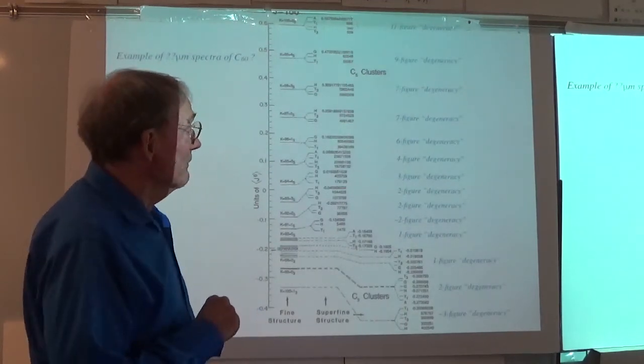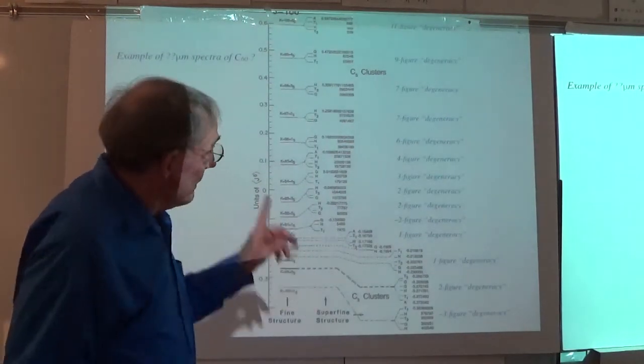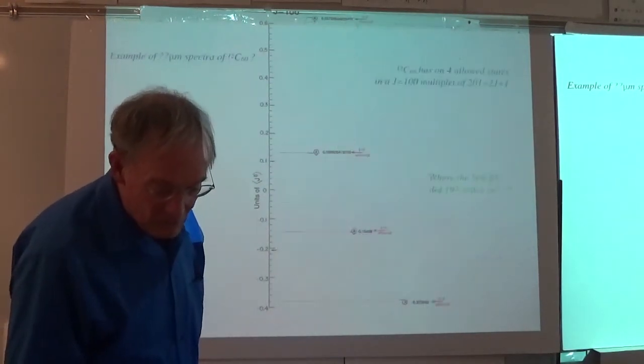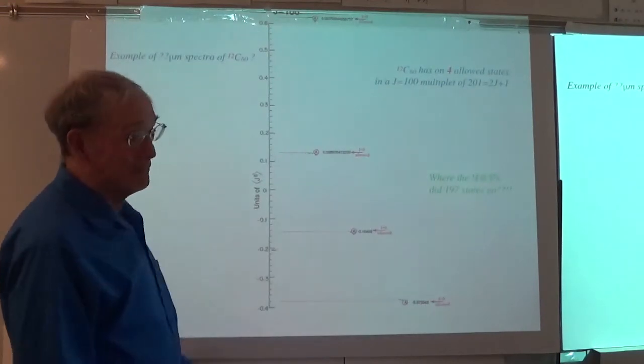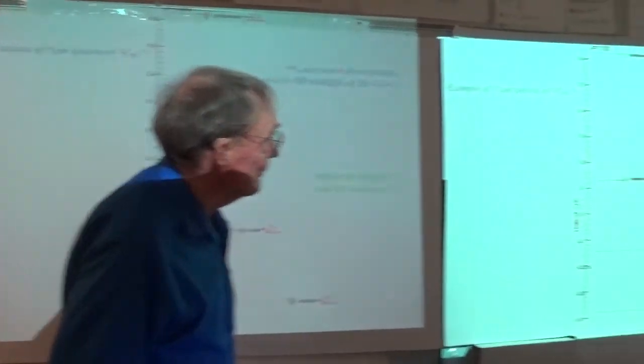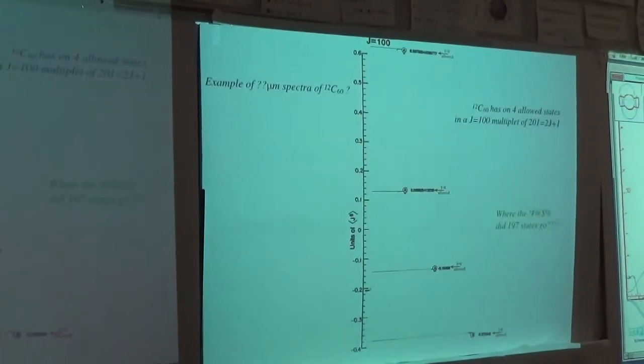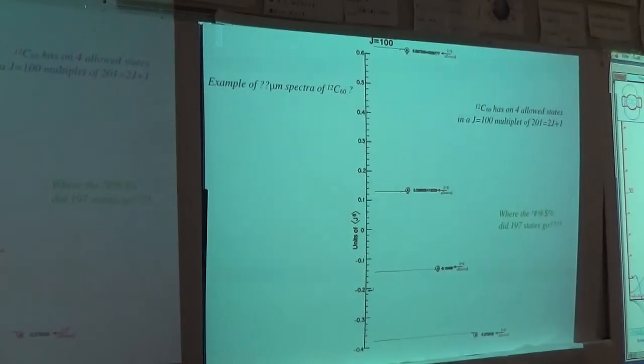Well, if I do a carbon-12 buckyball, this spectrum right here will look like that. Let me put it over here just to see it. So, what has C12 done to us?